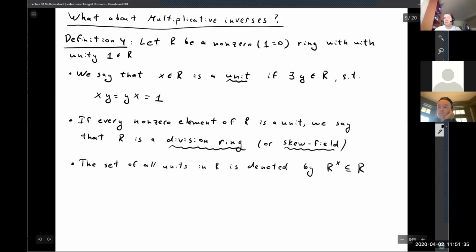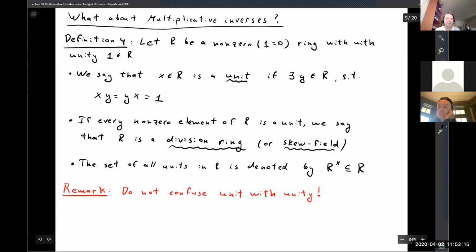Okay, so here is an important remark. Unfortunately, unit sounds a lot like unity, but those are different notions, as you might see. So do not confuse unit with unity. Please always pay attention to that.